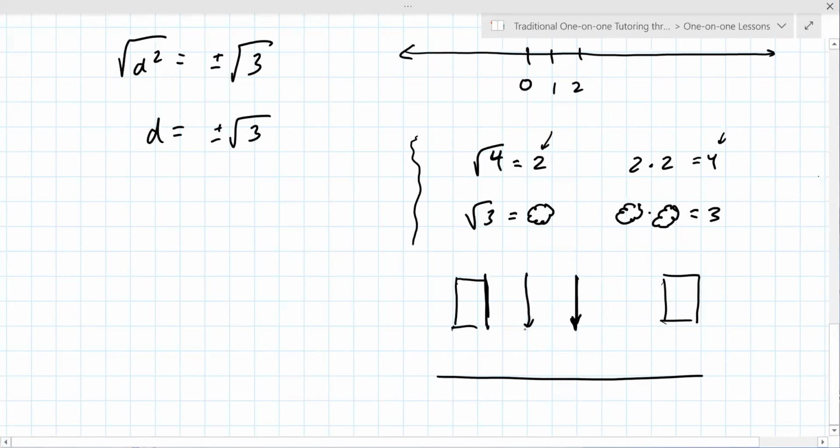And then where's the middle between those? And you say, it's right there. And then we would continue to do this. How long can I do that?